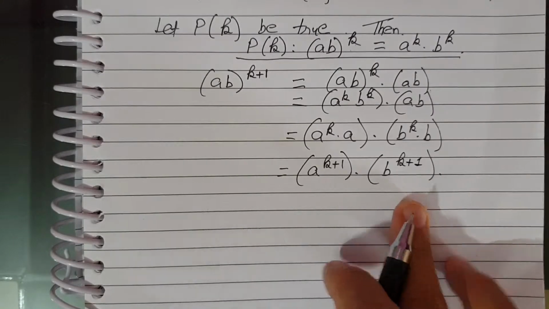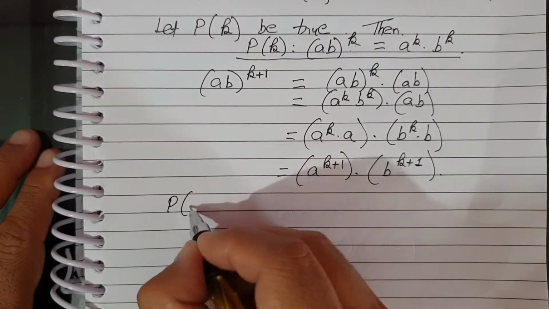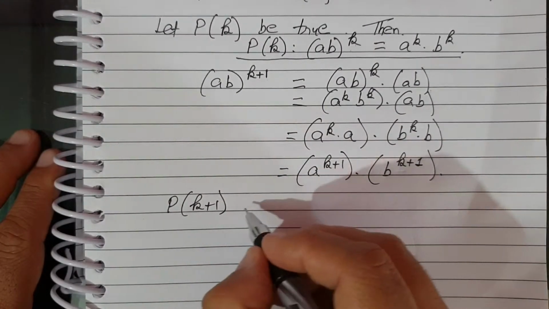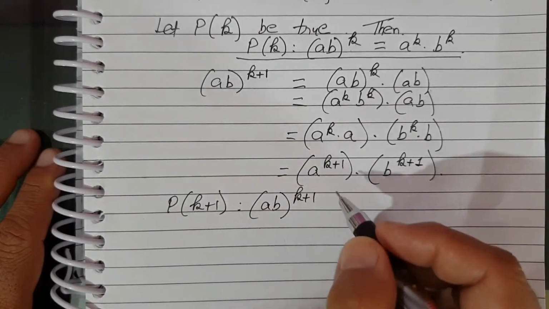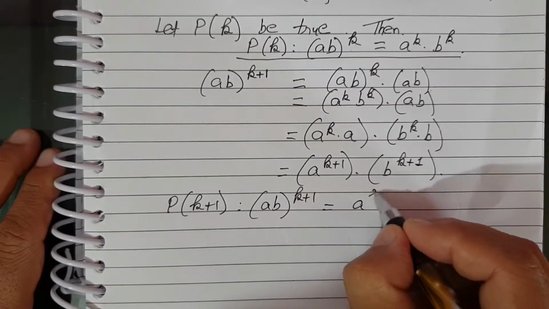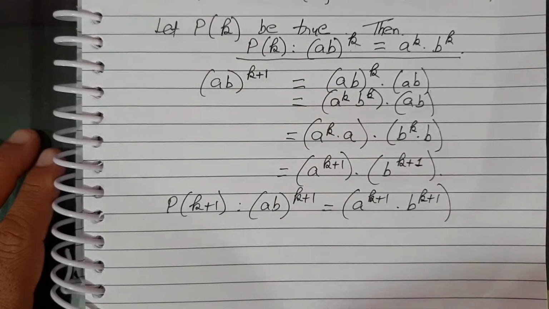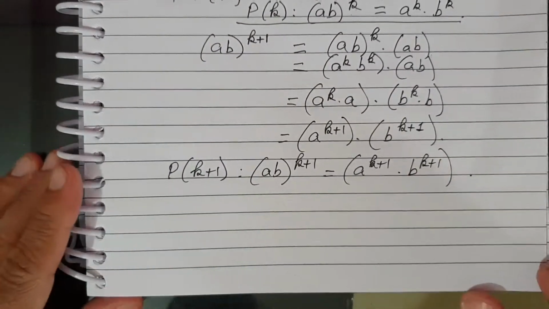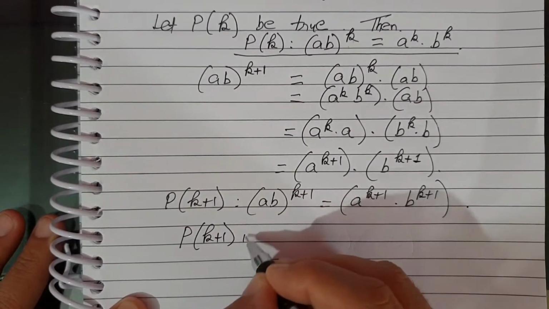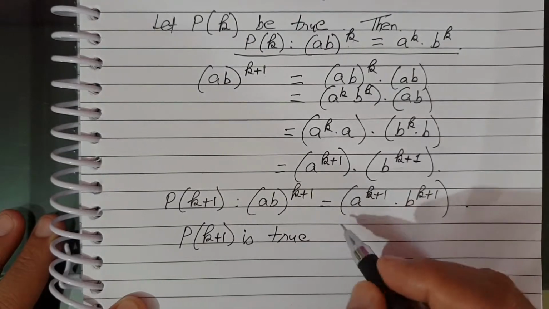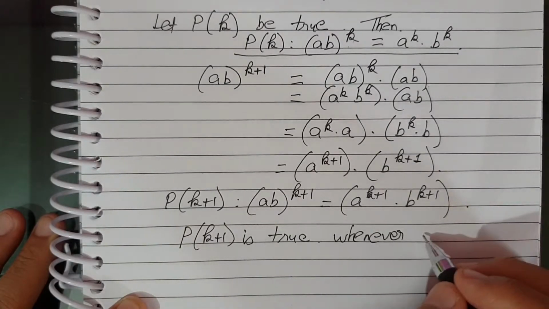This is again the same thing, but we have replaced k by k plus 1. So the statement P(k+1) is true. That is, (ab)^(k+1) equals a^(k+1) b^(k+1). So P(k+1) is true whenever P(k) is true.